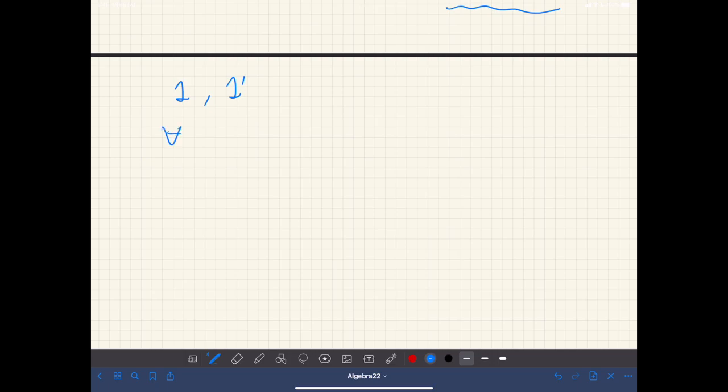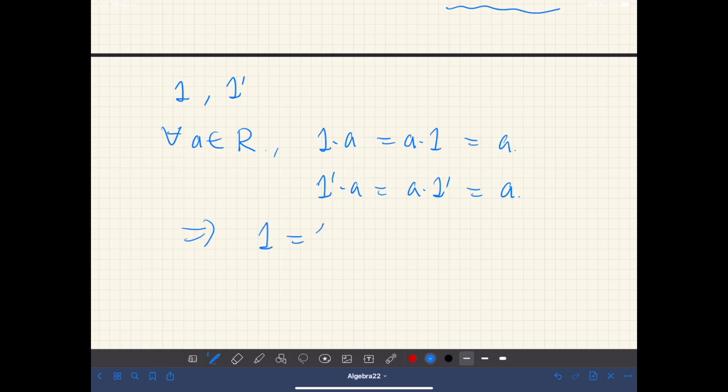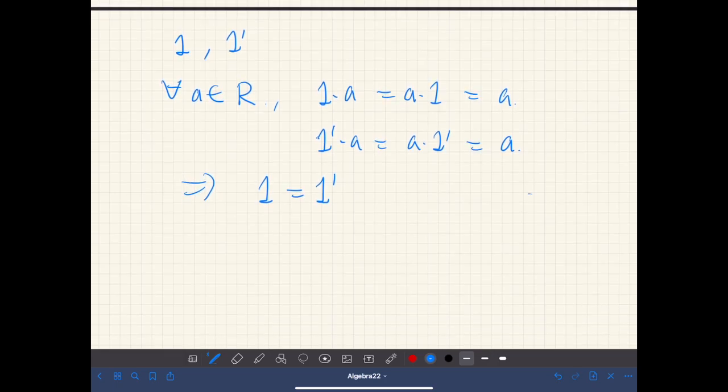That means for all elements A of R, we have 1 times A is equal to A times 1 is equal to A, and 1 prime times A is equal to A times 1 prime is equal to A. If this is the case, then we can show that 1 is actually equal to 1 prime. So try to prove this. Therefore, the identity element is unique.